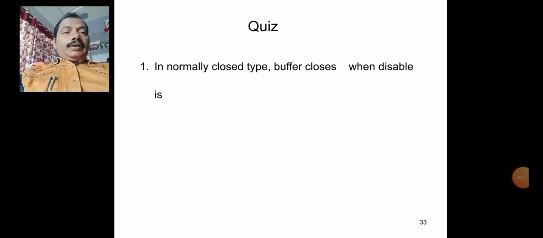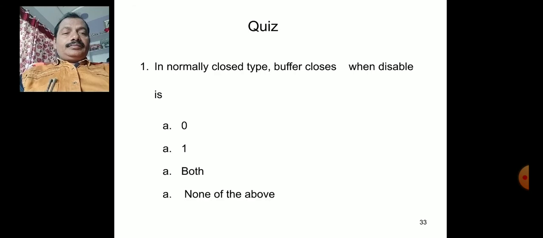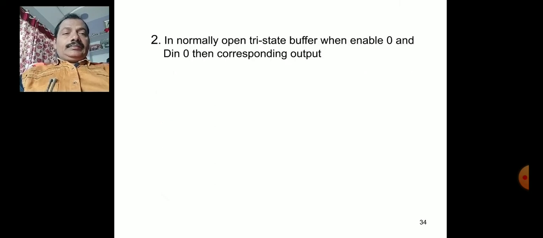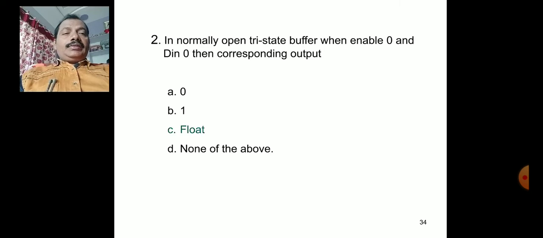Now, in the normally closed type, the buffer closes when disable is 0. Normally open tri-state buffer, when enable is 0 and din is 0, then the corresponding output floats.